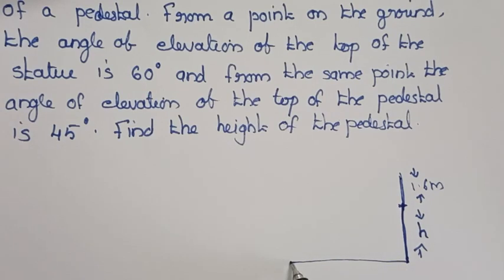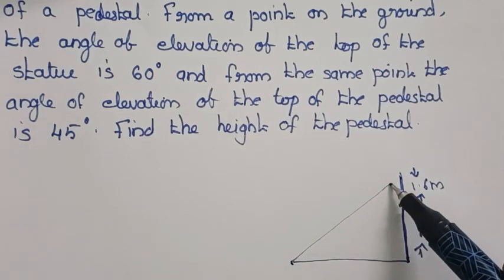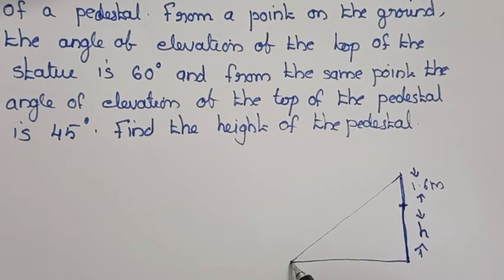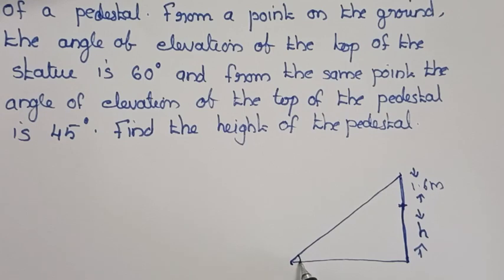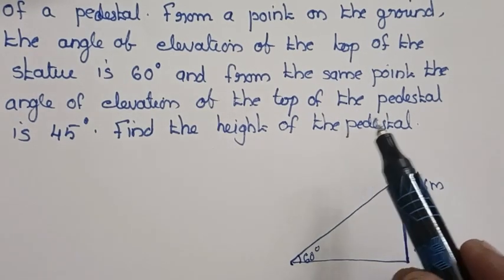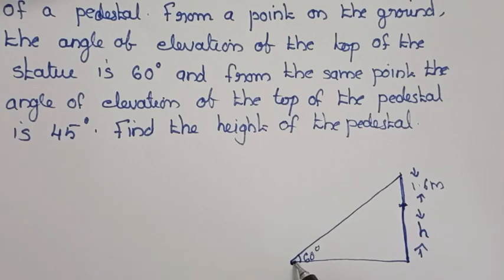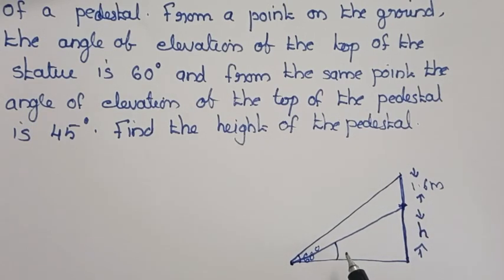The angle of elevation of the top of the statue equals 60 degrees. And from the same point, the angle of elevation of the top of the pedestal equals 45 degrees.